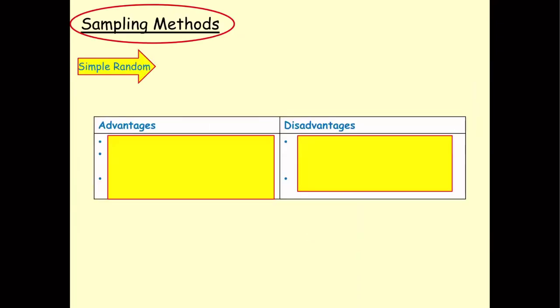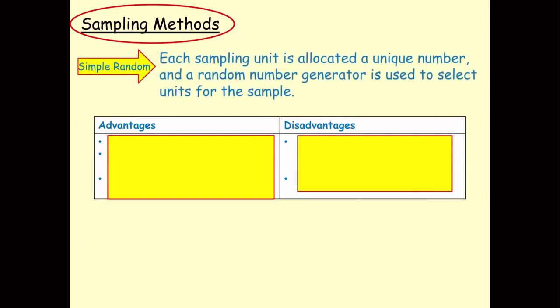So we're now going to look at sampling methods. There's a number of sampling methods. We're going to discuss what they are and the advantages and the disadvantages of each one. Simple random sampling is where we take the population, we assign everyone a unique number, and then we use a random number generator to select units for the sample.